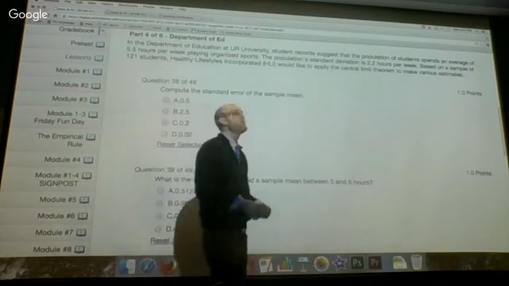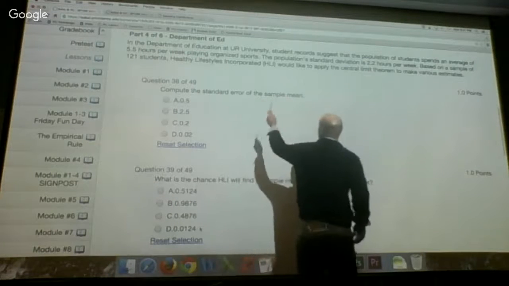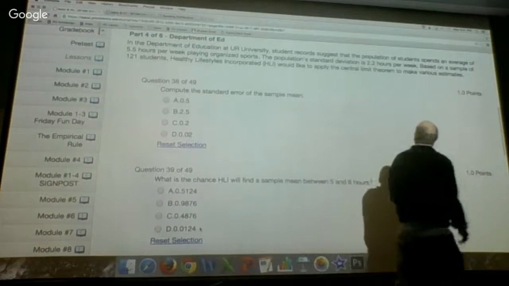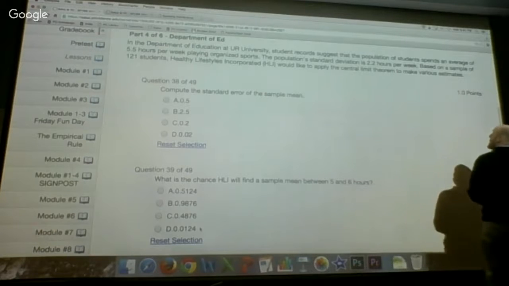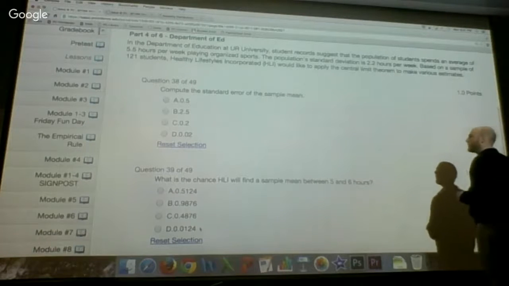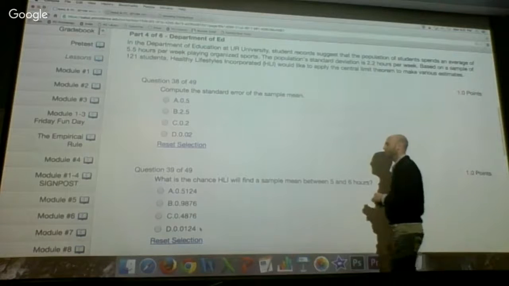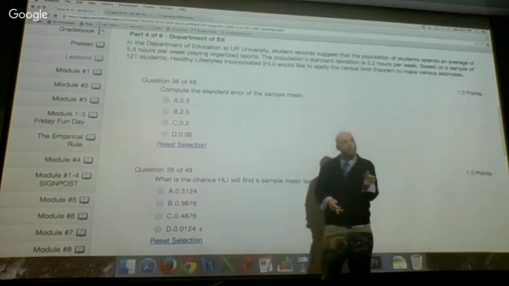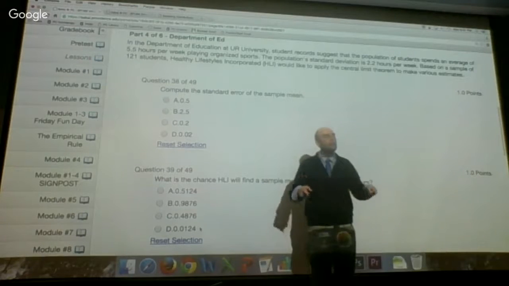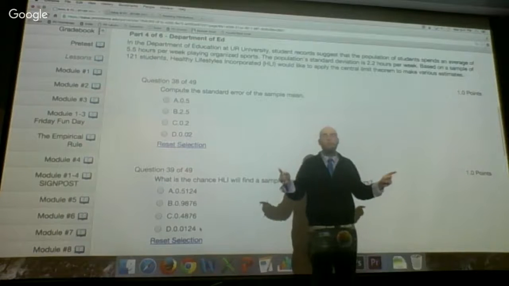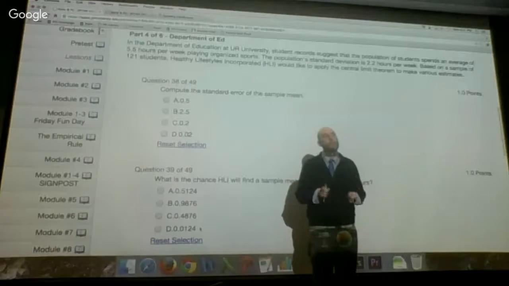And we assume that the mean is going to be 5.5 because that's what the records say. The mean is 5.5 and the standard error is 0.2. What's the answer to this question? Look at the possible answers before trying to figure out what the answer is here.